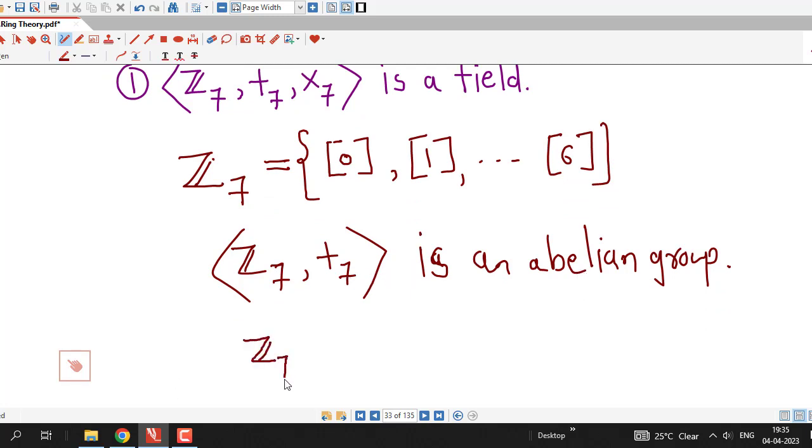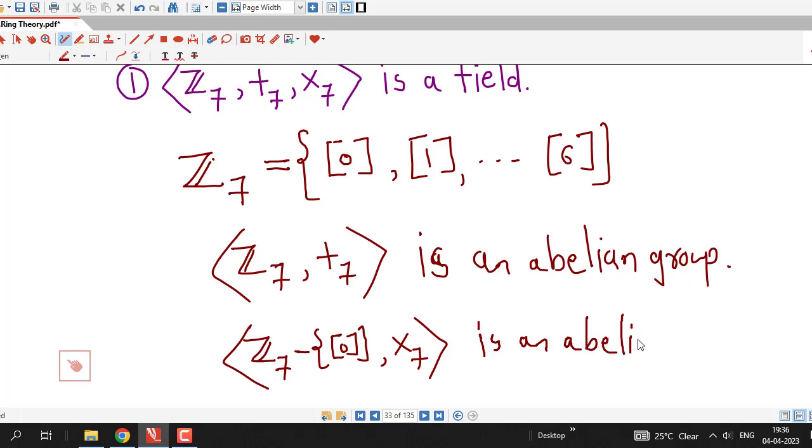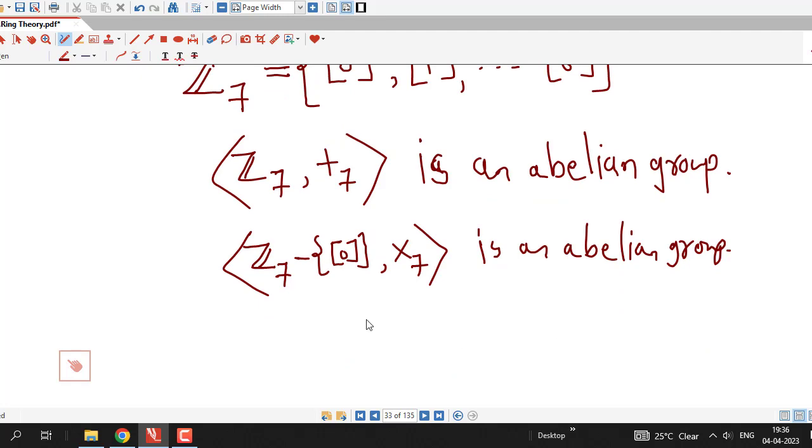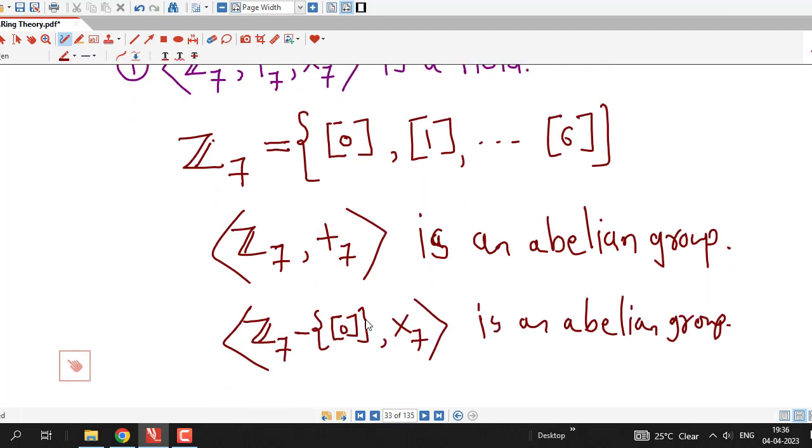Now if we consider Z7 minus the equivalence class 0 with multiplication operation, then this is also an abelian group. That also we can check. We have to check whether it has an identity or not.